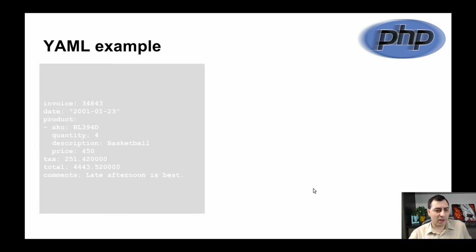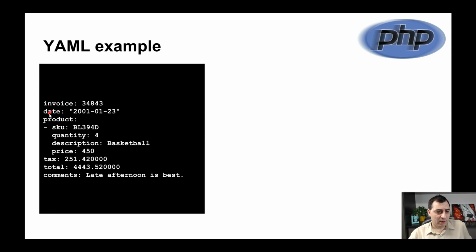So let's take a look at an example. As you may see here, there are several entries with a colon and the value in front. Nested values are indented, so you can see that they are contained inside others.